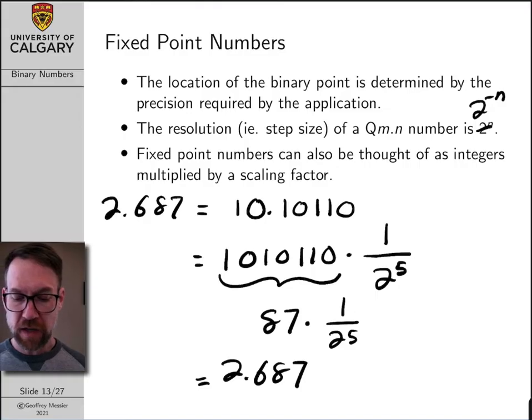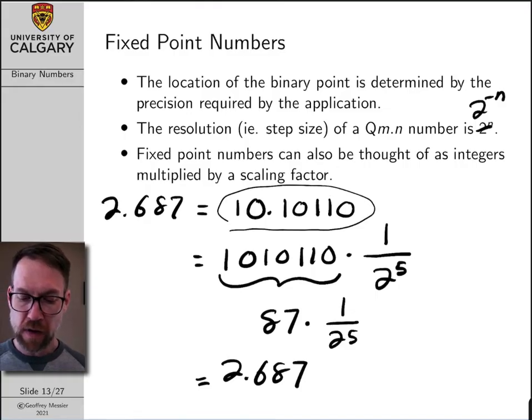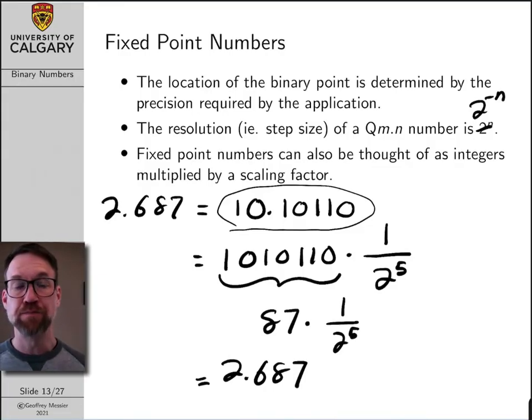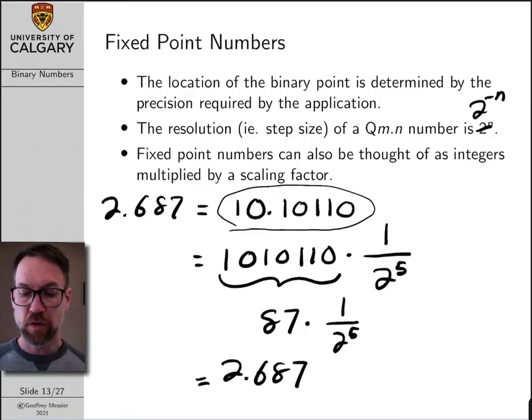And so we can basically take the integer form of our fixed point number, determine that integer value just as we always have done, and then multiply it by 1 over 2 to the 5th to get the real number value. And so this is maybe a second way to convert a fixed point number into base 10.